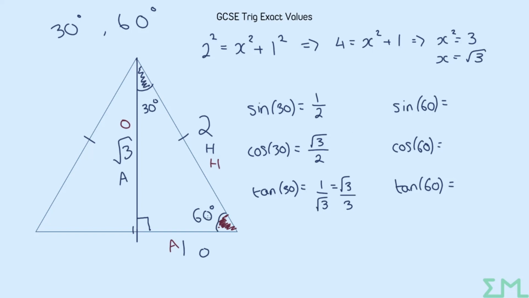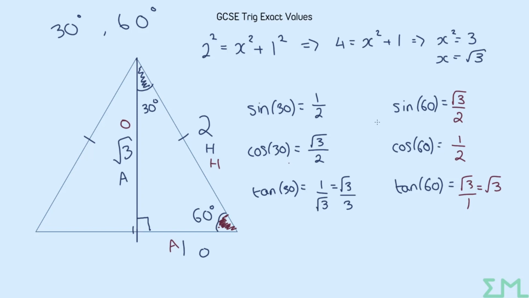So sine 60 then, opposite over hypotenuse, root 3 over 2. Cos 60, adjacent over hypotenuse, 1 over 2. And tan 60, opposite over adjacent, which is root 3 over 1, which we would just write as root 3.